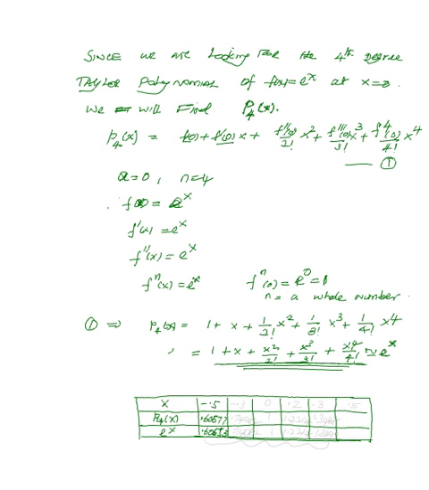And if I put, let's say, negative 0.3, I get 0.74084, whereas e to the negative 0.3 power is 0.74082. Of course, if I put 0, both values are going to be 1.